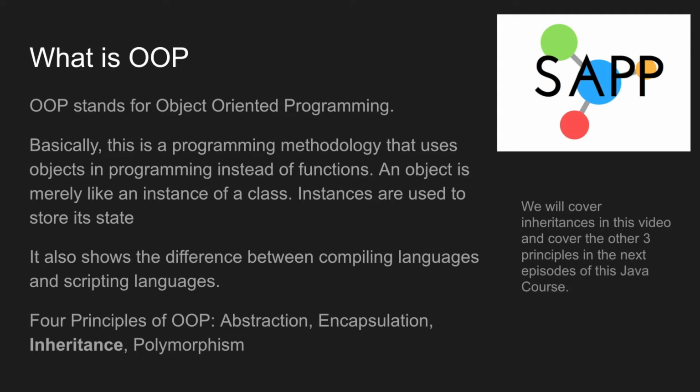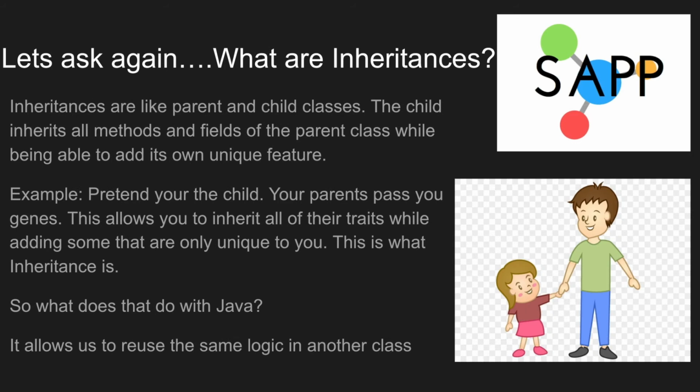These might sound really complex, but they're actually not that hard. In this video, we will cover inheritances, and the other three principles will be covered in the next episodes of this Java course.